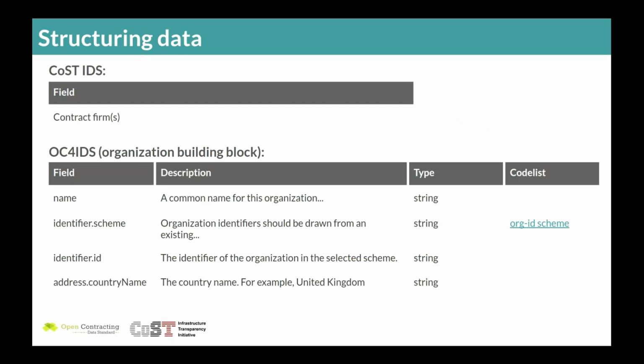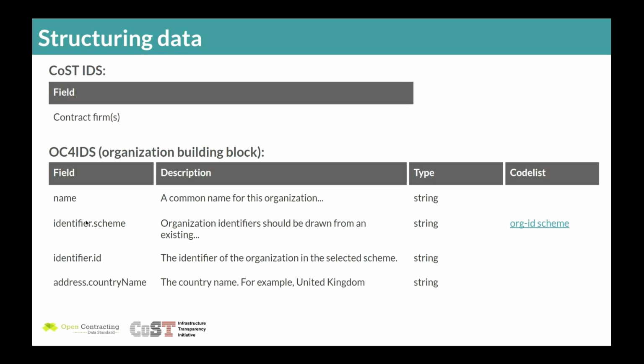So just a quick example about structuring data. Here's an example of an element from CoST IDS, which is known as contract firms. At the top you can see it just says field: contract firms, and then below there's the equivalent building block, which includes multiple fields. So you can see that OC4IDS below goes into much more detail about exactly what to disclose.